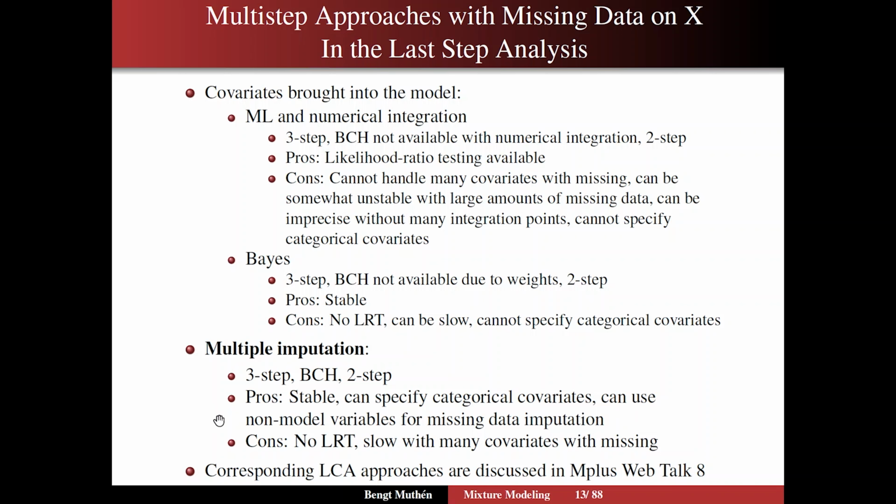That is, variables that are not part of the model, but nevertheless can be contributing useful information for the missing data imputation. The disadvantage is that we don't have the likelihood ratio testing worked out for the multiple imputation approach, and it can be slow with many covariates that have missing data. So if you don't have a lot of missing data, you may not want to get into these methods at all.